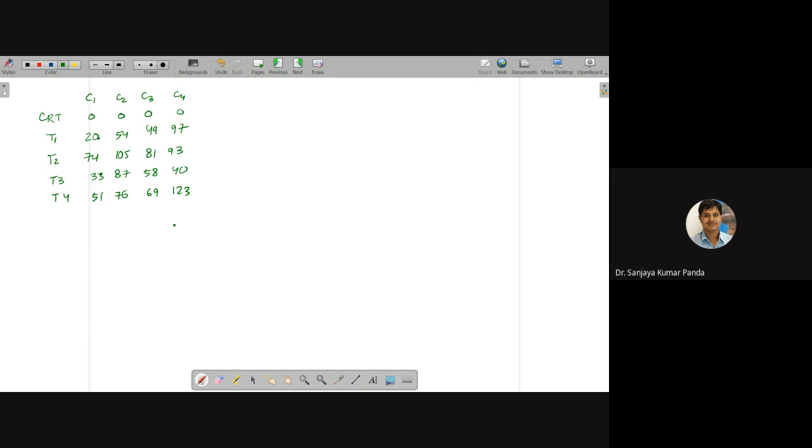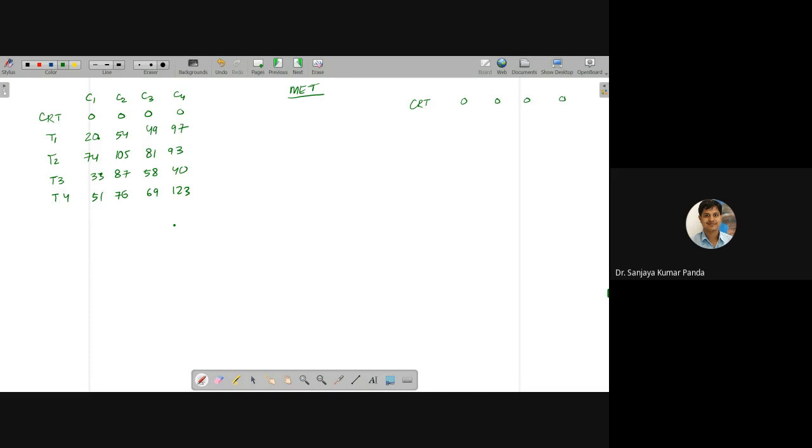If you go for minimum execution time, let us see how we are going to assign it. As initially cloud ready time is 0, you need not worry. Even if cloud ready time is there, there is no need to take care of it because this algorithm does not consider the cloud ready time.